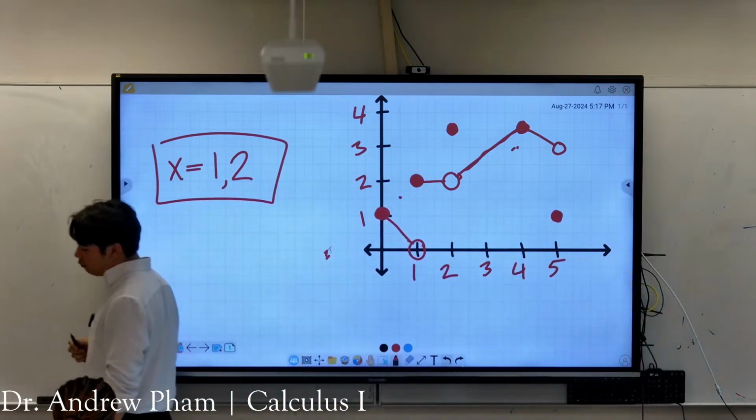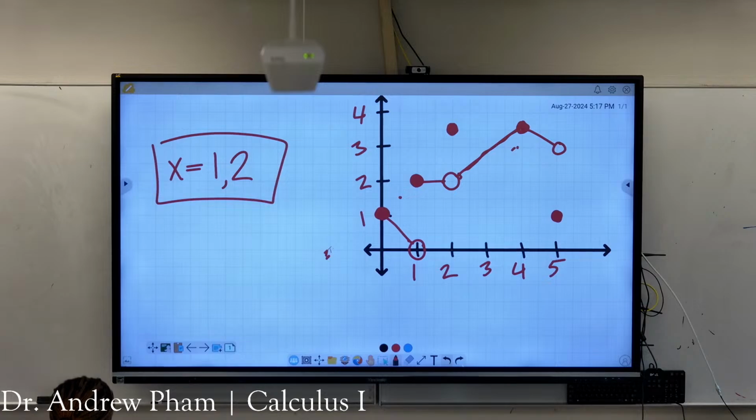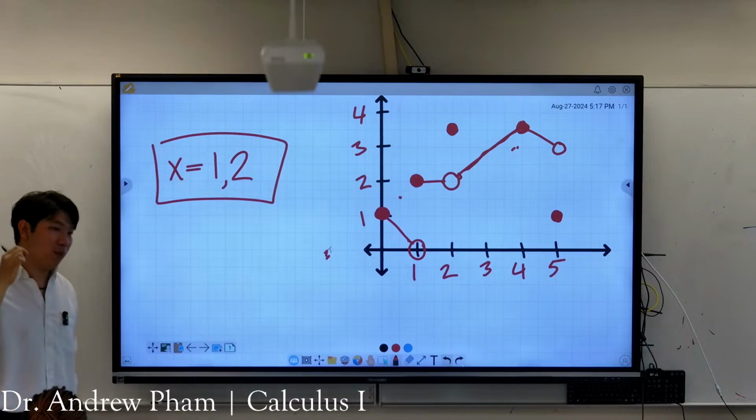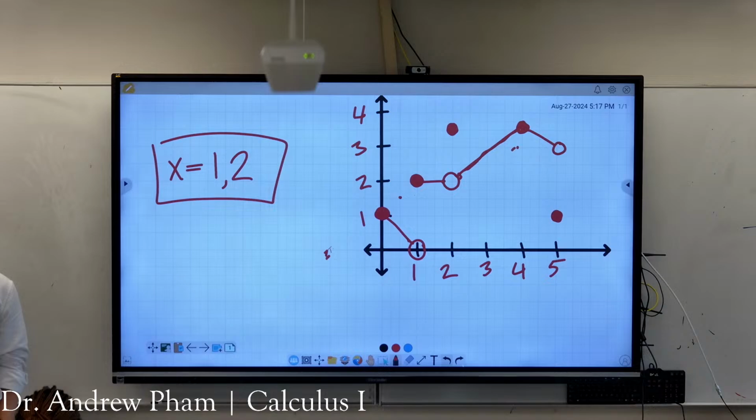I can't go through the empty circle. Again, remember, as a key note here, an empty circle is often going to be a big red flag saying I am not continuous there. In other words, this open circle is a break in my function.